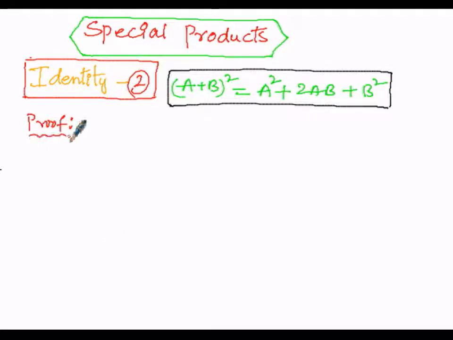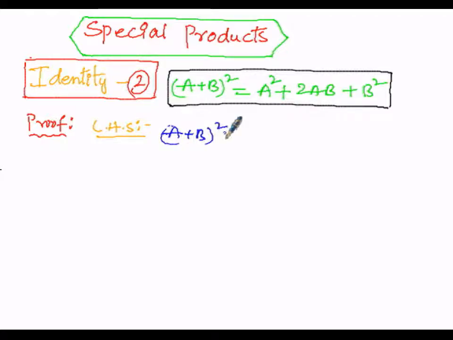So in our proof, the left hand side quantity is (a plus b) whole square.